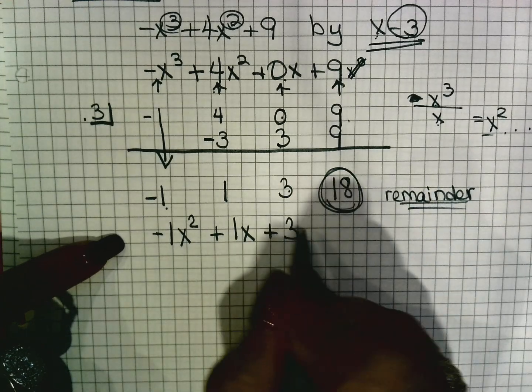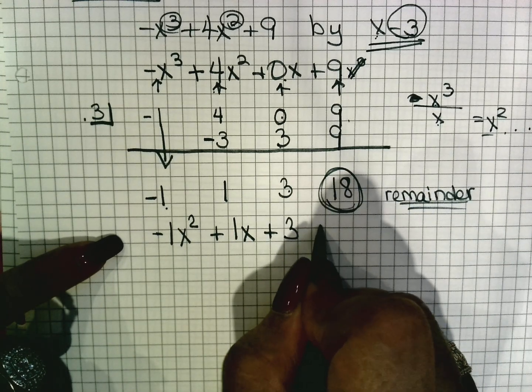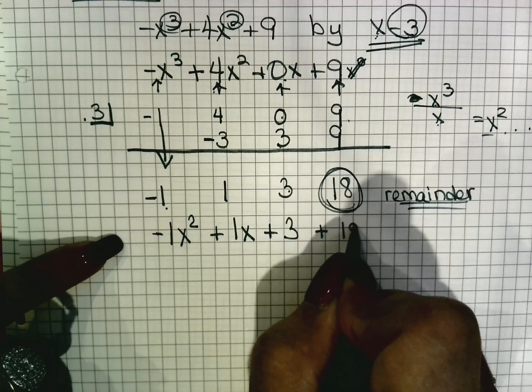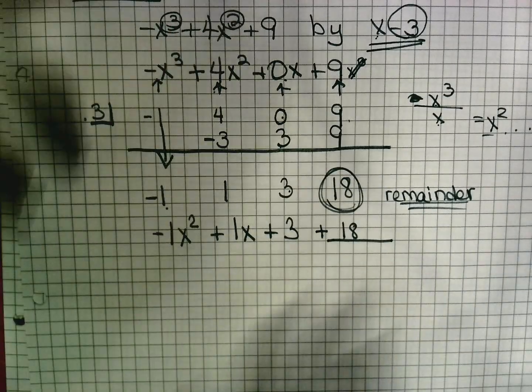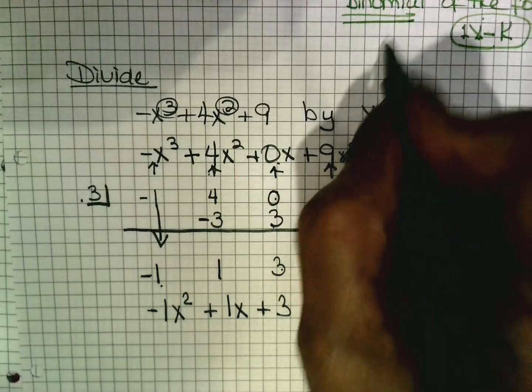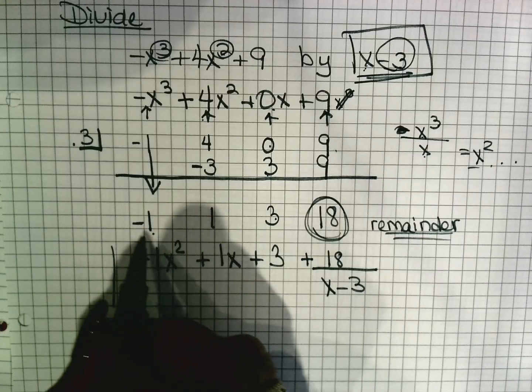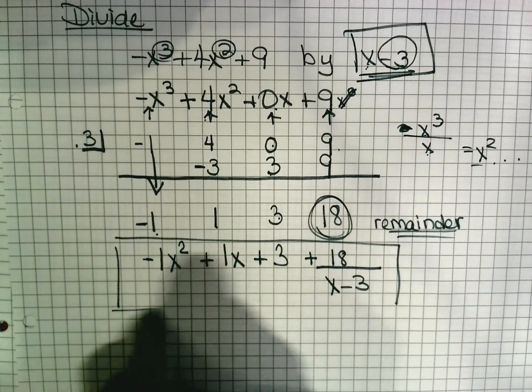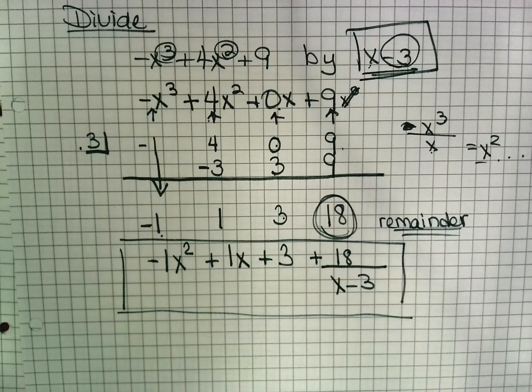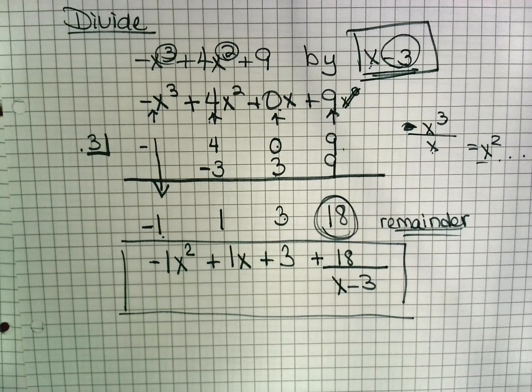That's your remainder. So to write the remainder, we would write plus 18 over, now you still have to go back and use this thing, so x minus 3. So this is the answer to that division problem.